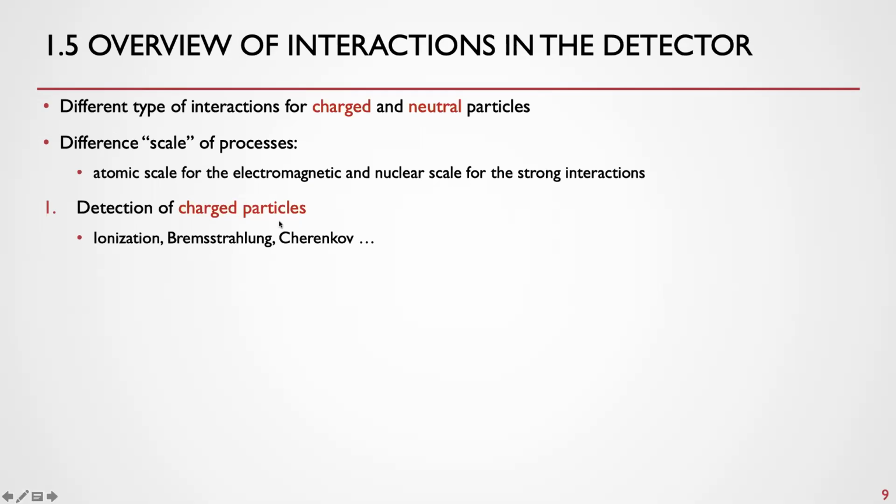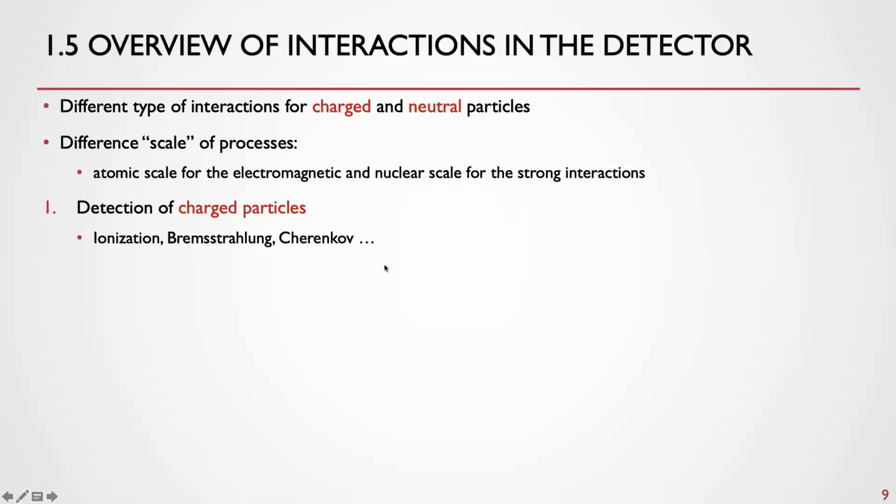Now, let's talk about the detection of charged particles. Charged particles can be identified by the ionization of the material along the track. If the charged particle is stopped or accelerated close to a nucleus, for example, an electron can do that, it emits Bremsstrahlung. We already calculated that. That's completely analogous to the synchrotron radiation. It's just for an individual particle.